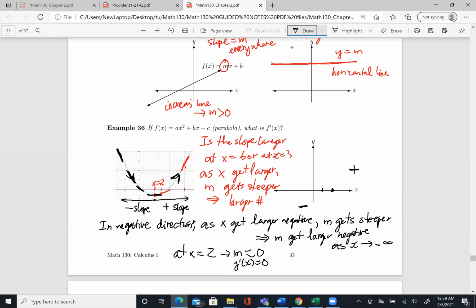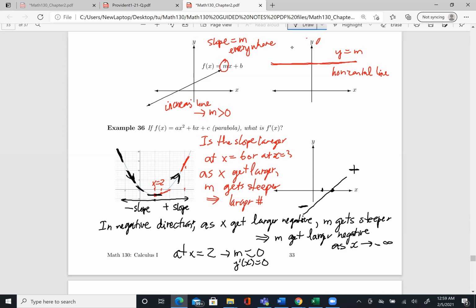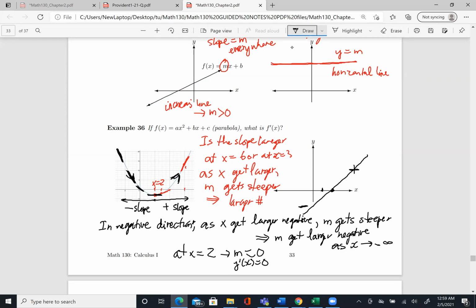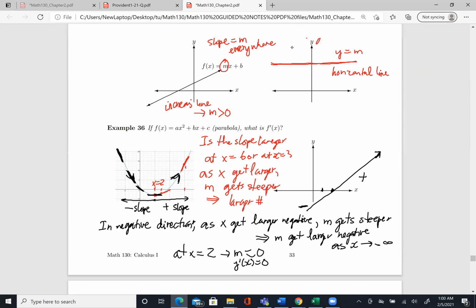Not really nice. Let me try one more time. So the f derivative of x has to be a line, a linear equation, with negative before 2 and positive after 2.